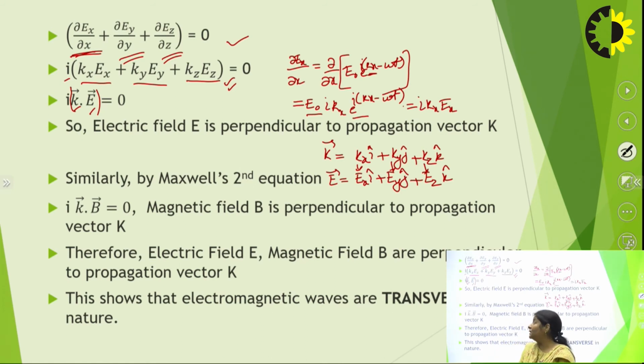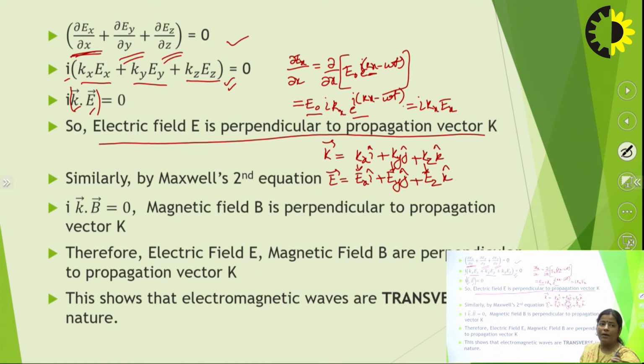So k dot E equals 0 can only mean that the electric field vector E is perpendicular to the propagation vector k. That means the electric field has vibrations perpendicular to the direction of propagation, so the electric field shows transverse nature.